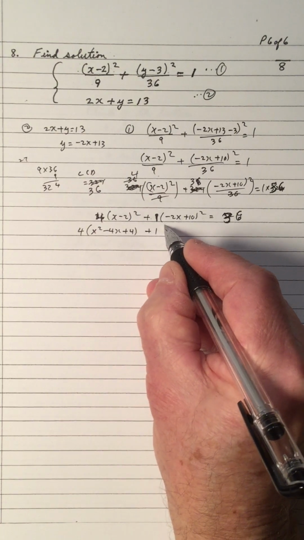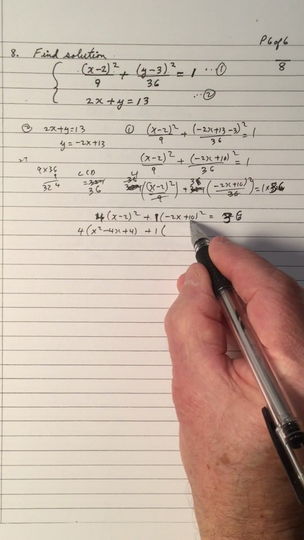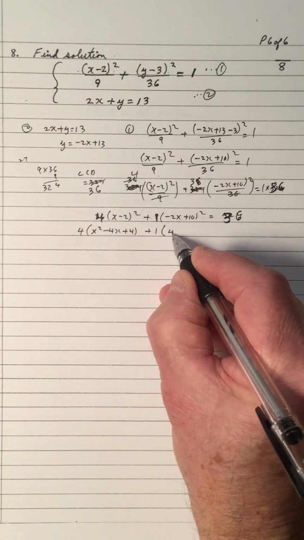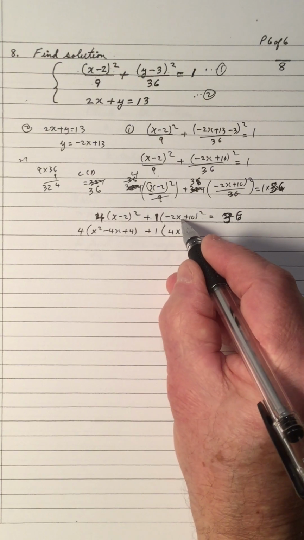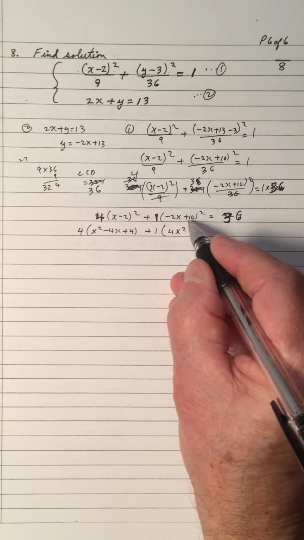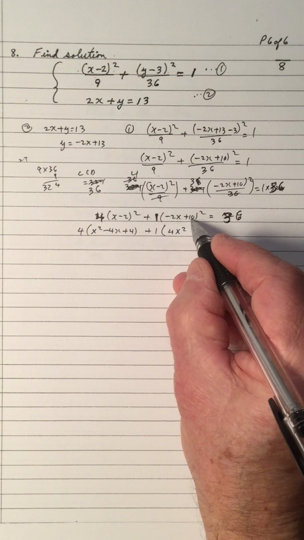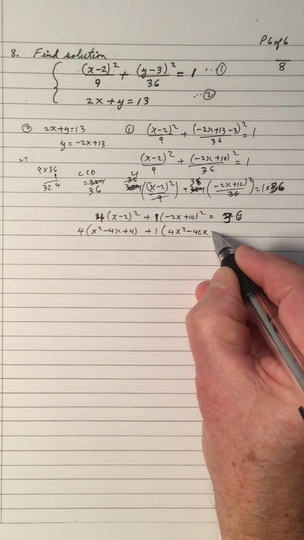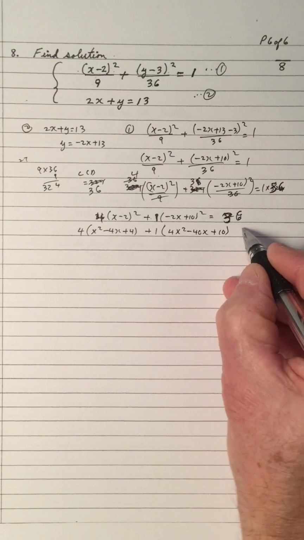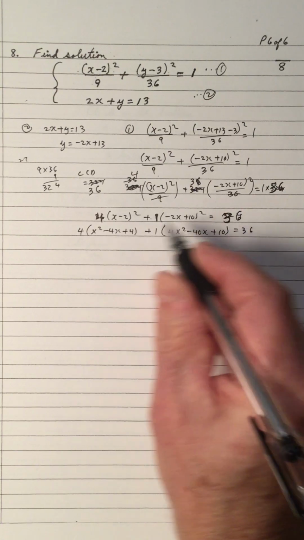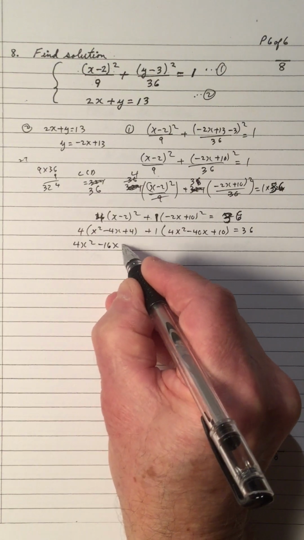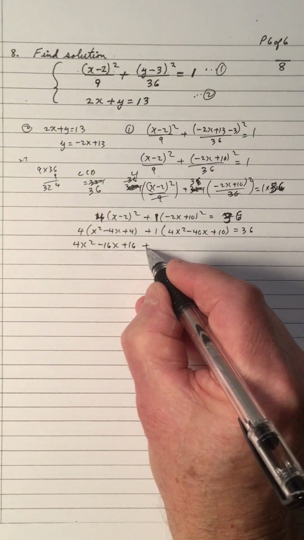Negative 2x squared is 4x squared. The product here is negative 20, negative 40x squared. 10 squared is 100. 36 multiplied by 4, multiplied by 1.